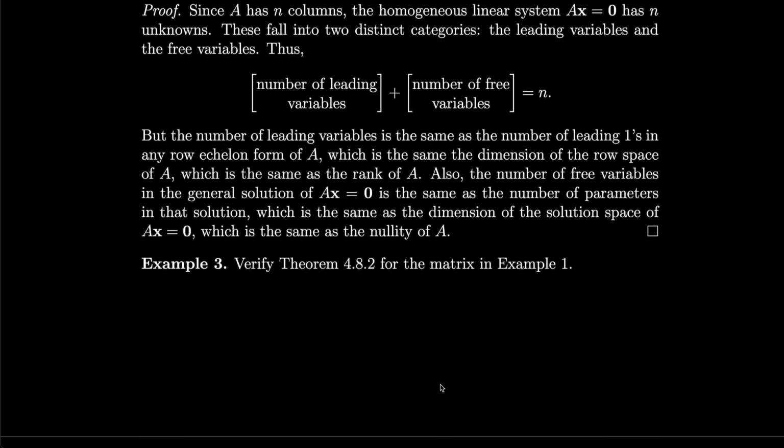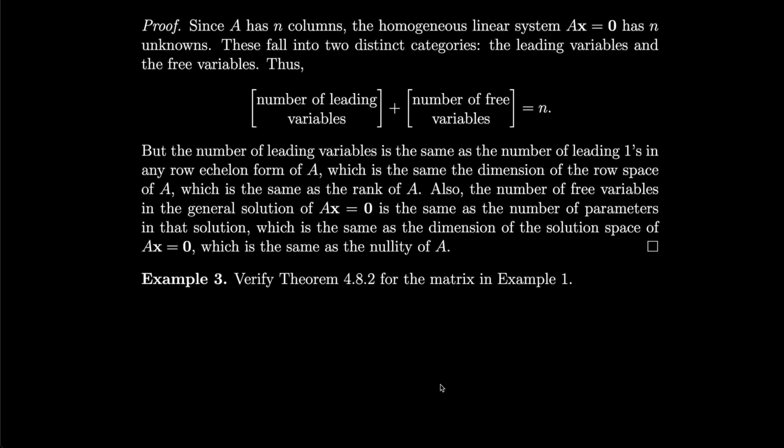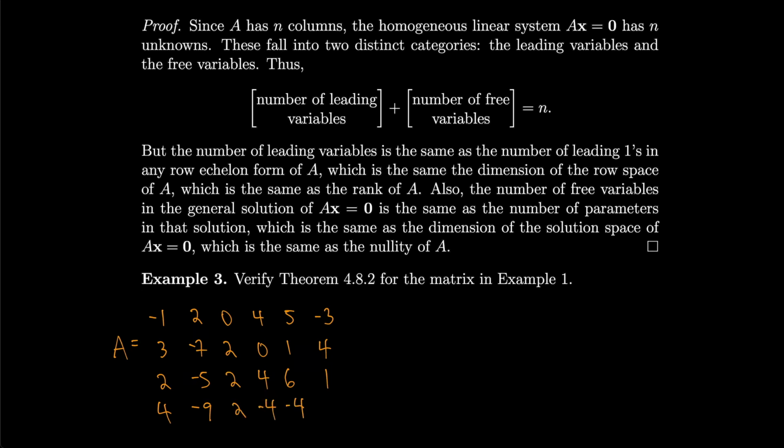How about we verify this for the matrix in example 1? Well, I just gave you a verbal explanation, but I'll write it down. We'll write A equals the matrix with rows -1, 2, 0, 4, 5, -3; 3, -7, 2, 0, 1, 4; 2, -5, 2, 4, 6, 1; and 4, -9, 2, -4, -4, 7.